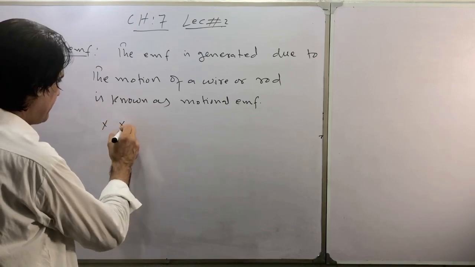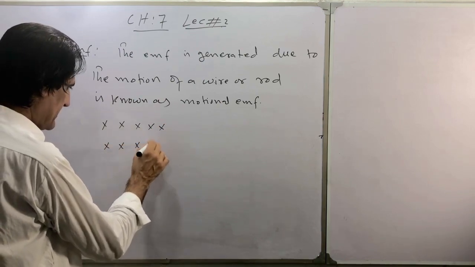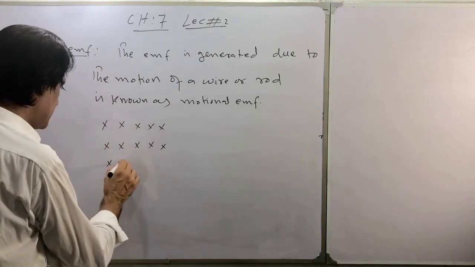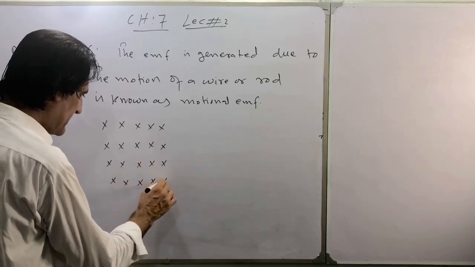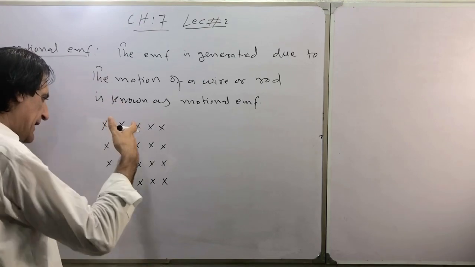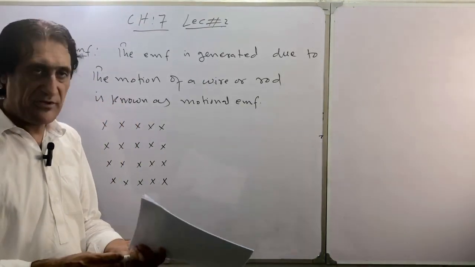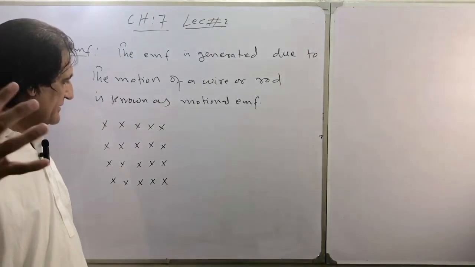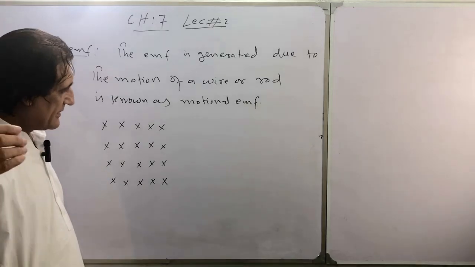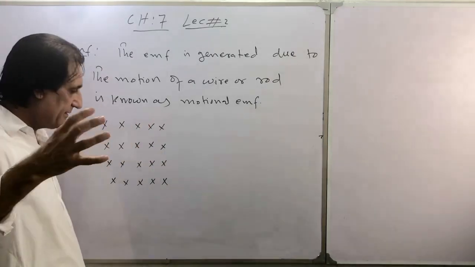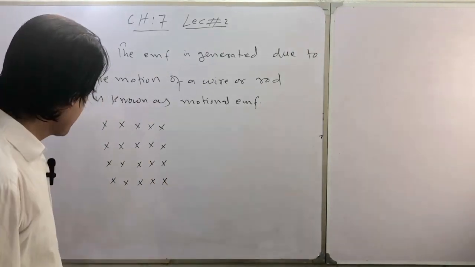Consider we have a magnetic field. This is the symbol of magnetic field, which indicates that the magnetic field is going into the board. Visualize some magnetic field lines going into the board.